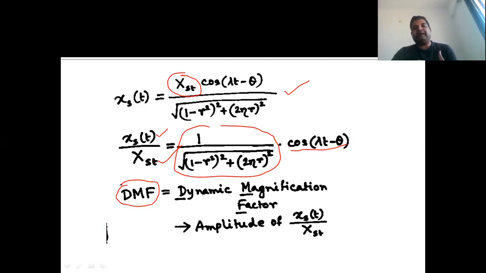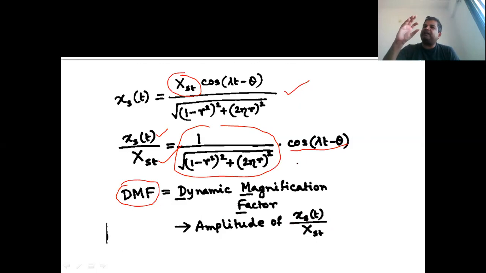Suppose your amplitude in the static case is X ST, and when your system goes into the dynamic case, some amplitude will be magnified because of the dynamic system.